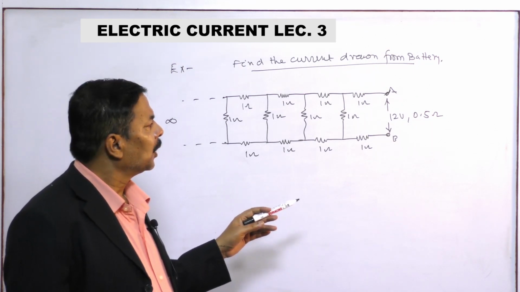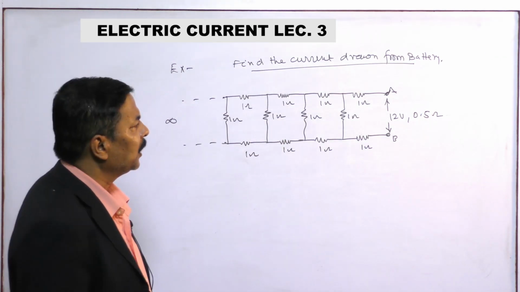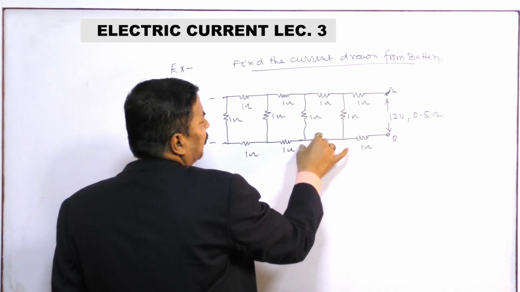And if we use that concept, now you see, this branch 1, 1, 1 is repeated.